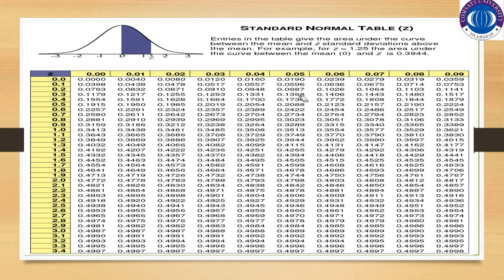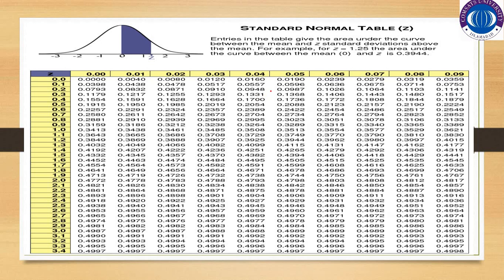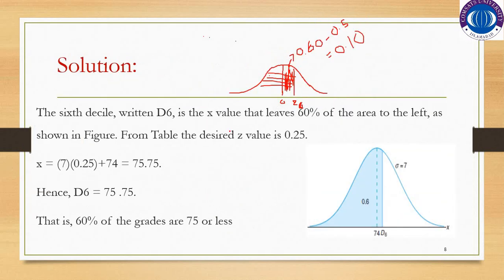You can select either this one or this one, as you are taking an approximate value. I am going with 0.0987, and going this way the Z value is 0.25. It is positive because it is at the right side of the mean, which is 0.